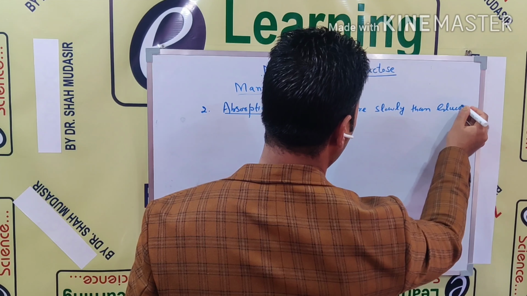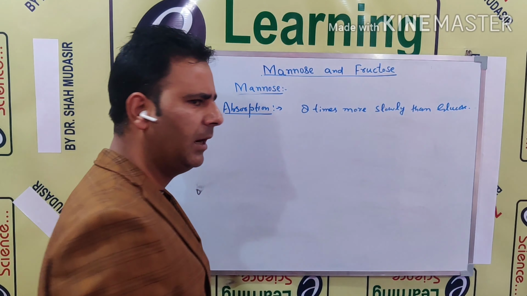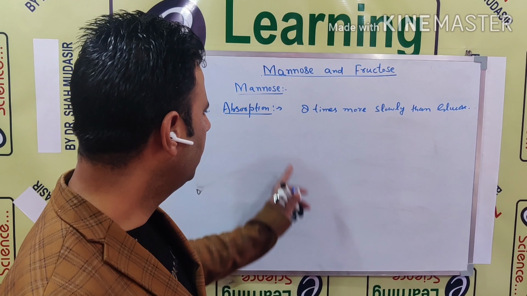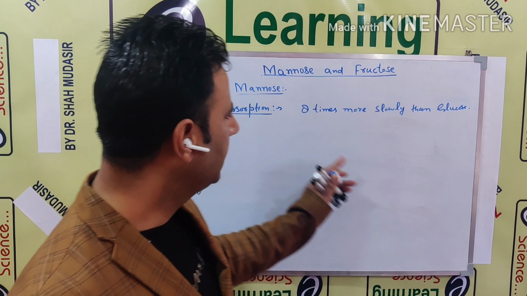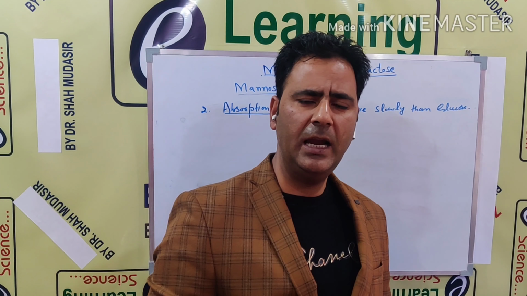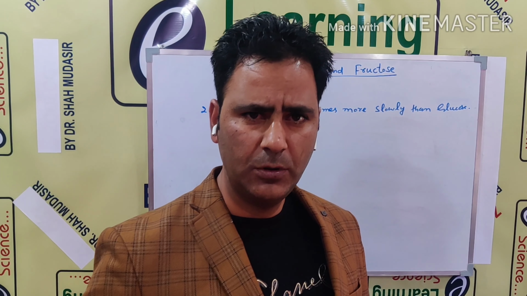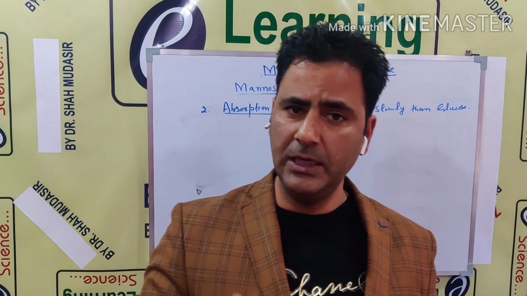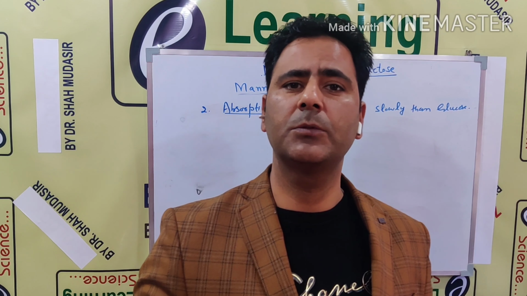Glucose is absorbed rapidly in the upper GI tract. However, mannose is absorbed slowly, and the rate of absorption of mannose is 8 times slower than that of glucose.